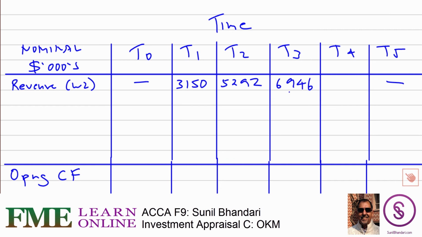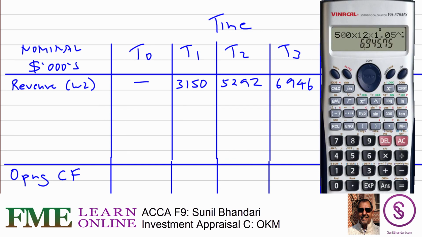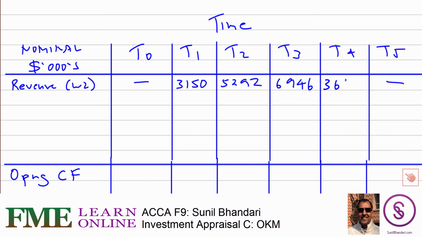Year 4, clearing it off. I'm taking a quantity of 250,000. I'm multiplying it by a price of 12. I'm timesing that by 1.05, raised to the power 4. Comes out to be 3647.